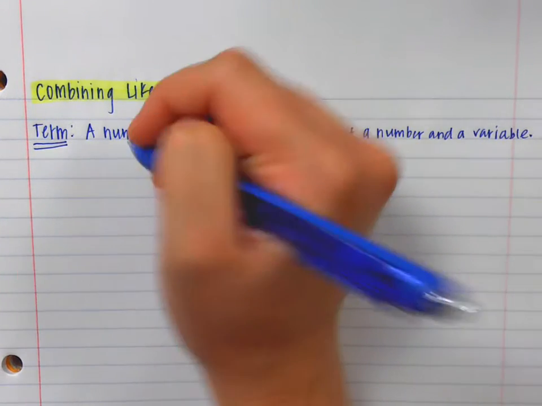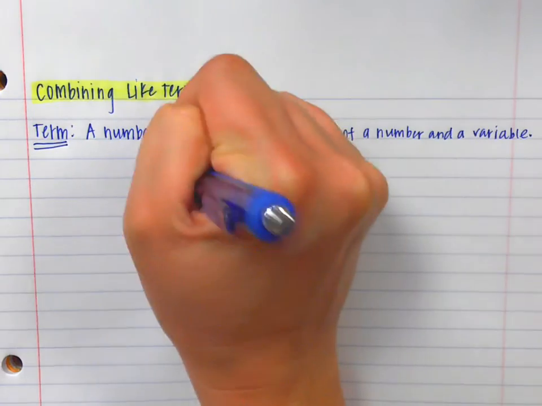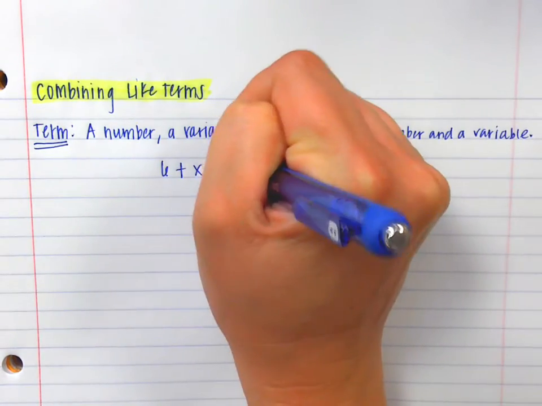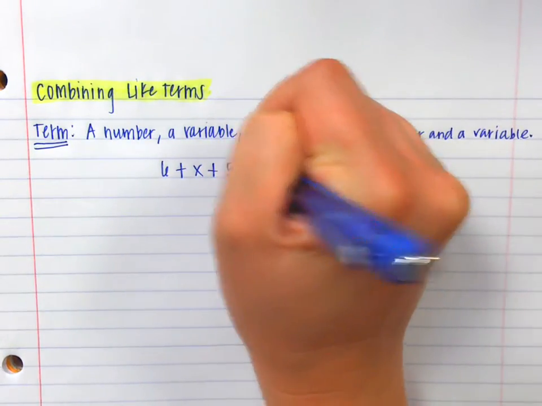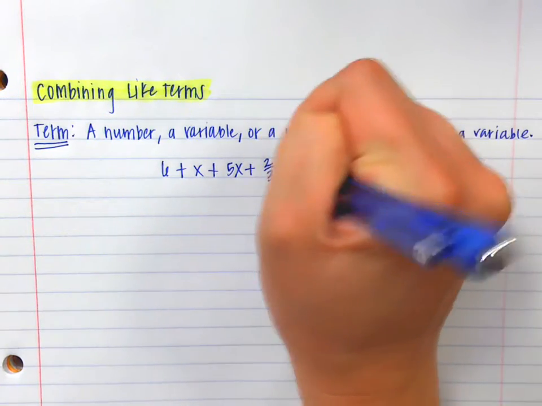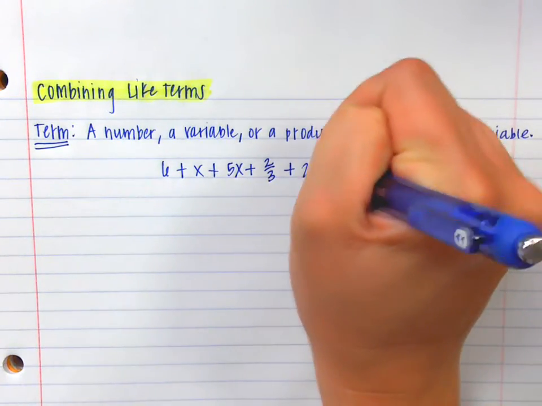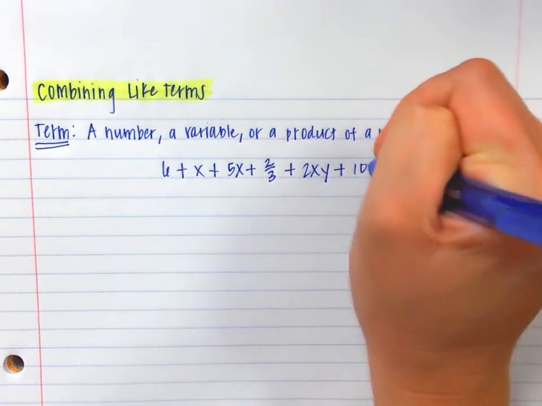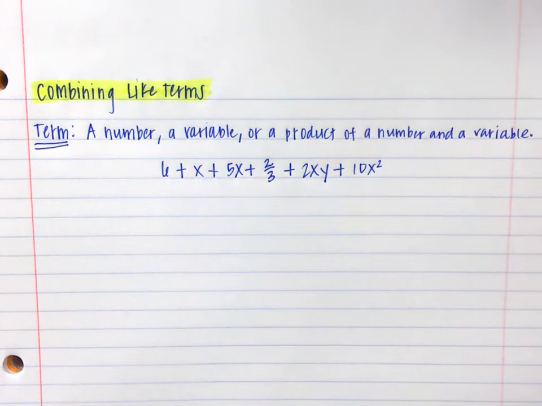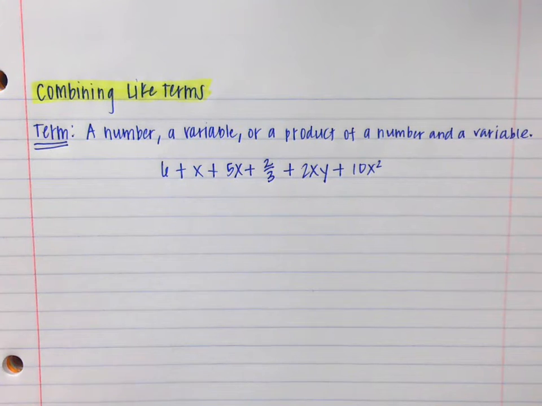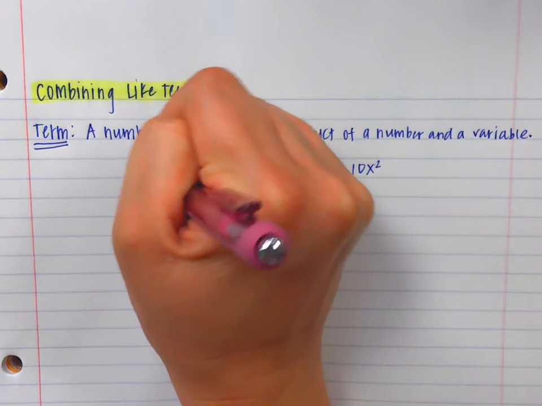Let's just kind of write an expression out. So if I did 6 plus x plus 5x plus 2/3 plus 2xy plus 10x squared. Okay, so all of these are actually considered terms. So we have 6 is a term.